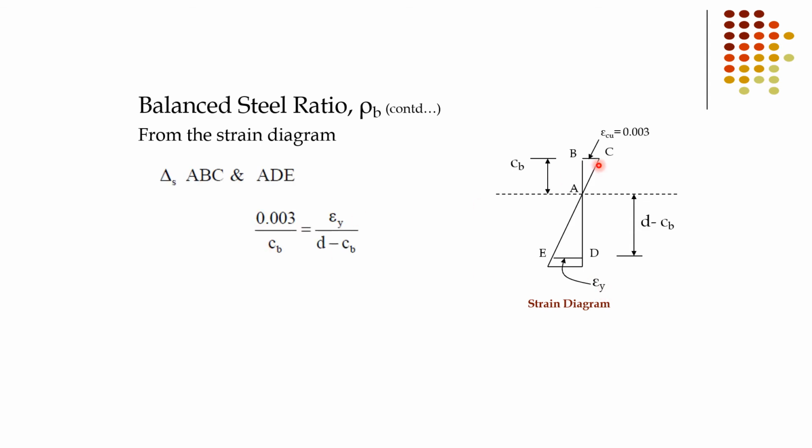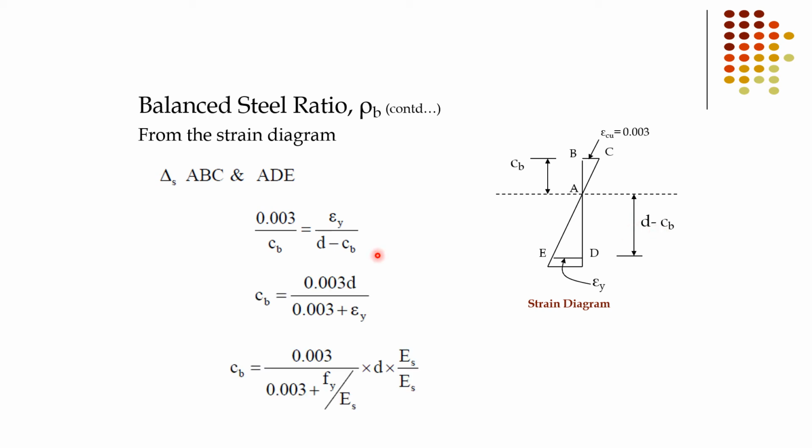From similar triangles ABC and ADE, 0.003 divided by cb, and strain y divided by d minus cb. d is the effective depth; when you subtract cb, you get this depth, d minus cb.